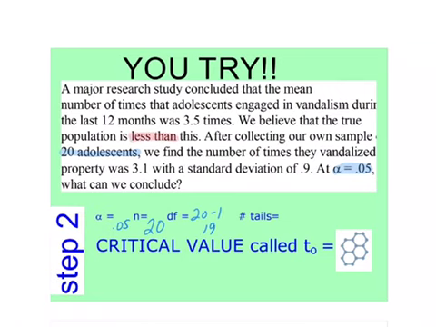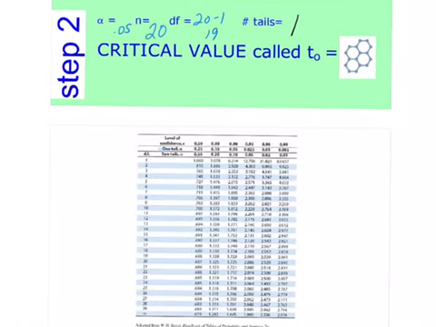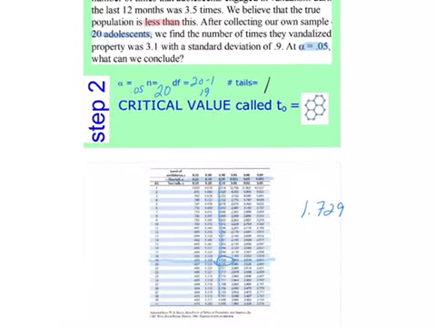Less than is going to imply that I only have one tail. Looking at my chart, one tail at 0.05, 19 degrees of freedom. The value that I see is 1.729, but because the problem said less than, I must put in the negative sign.